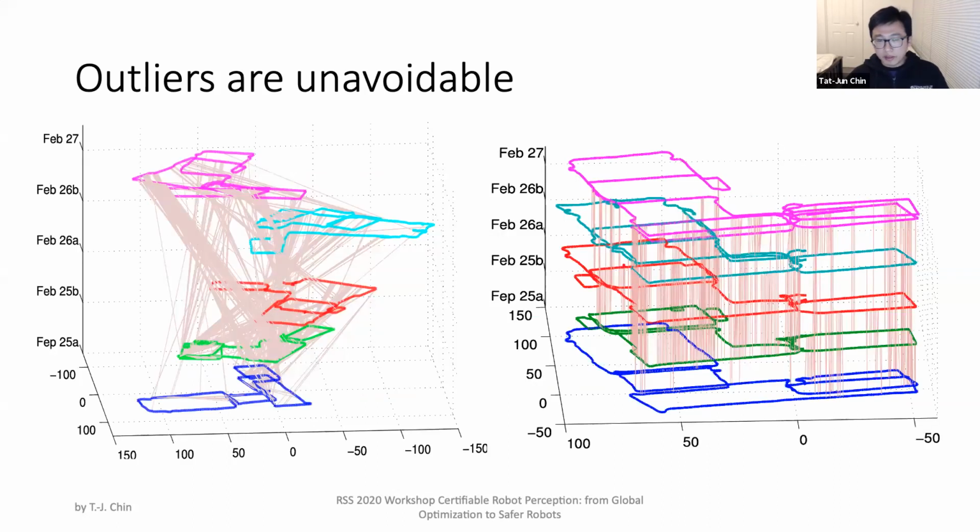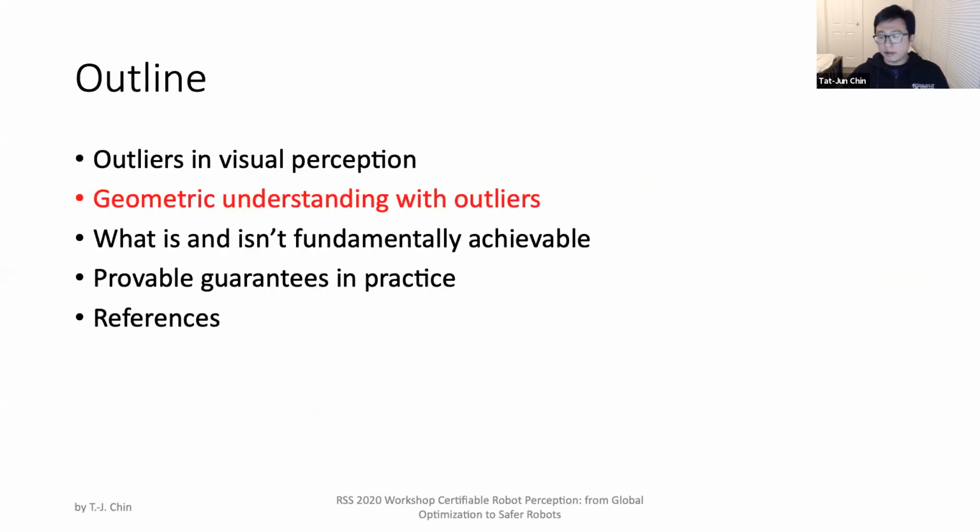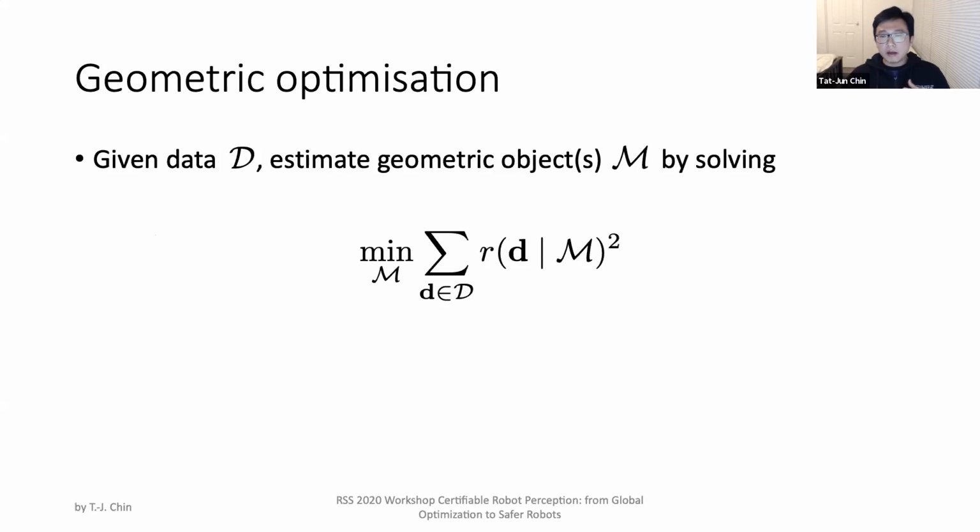In pose-graph optimization, we have incorrect constraints arising from wrong loop closure detection, for example, which again gives us outliers in the formulation. So that is a very quick intro to why we have outliers. Now, how does that change geometric understanding or geometric optimization when we have outliers?